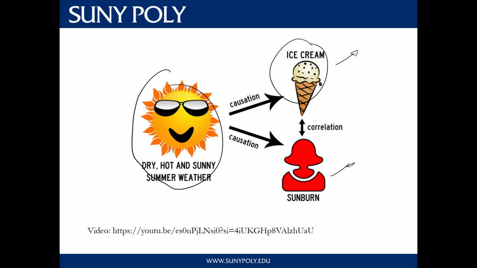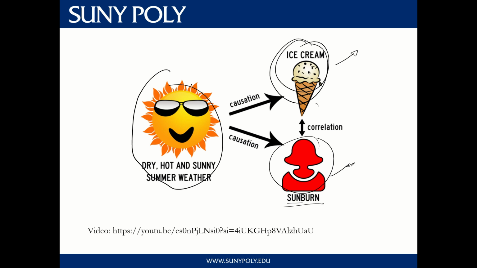So someone might find that there is a correlation between ice cream sales and sunburn occurrences, but there is no causality. I mean, you cannot affirm that because you're selling more ice cream, people are getting more sunburn. That doesn't make sense at all.